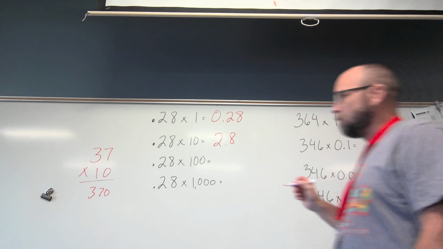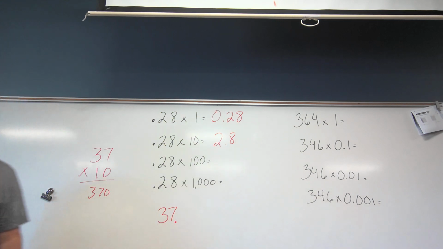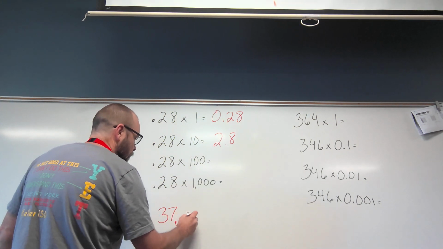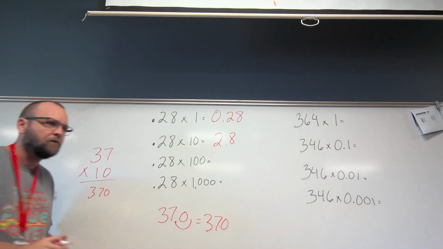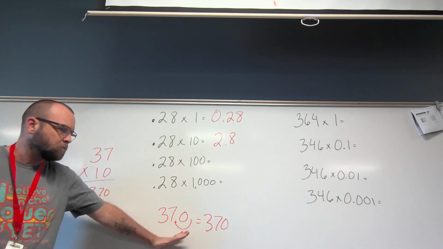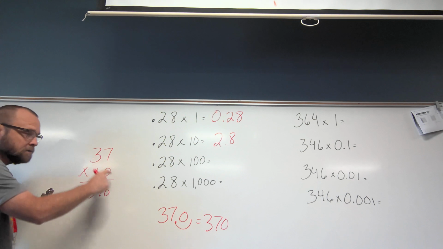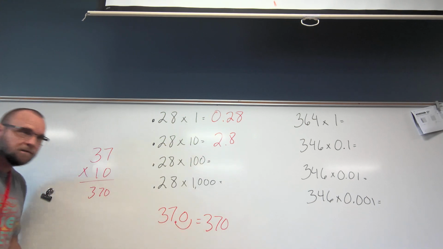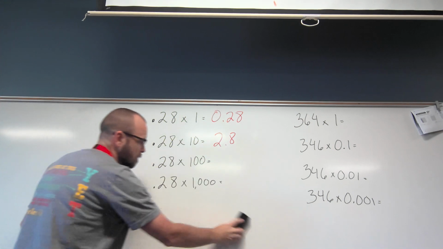Technically, because the number 37 has a decimal point, what you did is you moved that decimal point one place to the right, and that is how you got 370. Because when you multiply by 10, you're moving the decimal point. We're making each place value 10 times greater than it is. 7 was in the ones, now the 7 is in the tens, so that's 10 times greater than it was, because 70 is 10 times greater than 7.